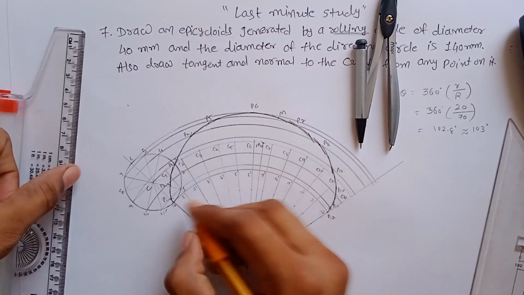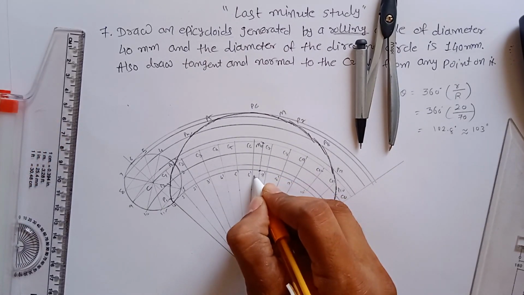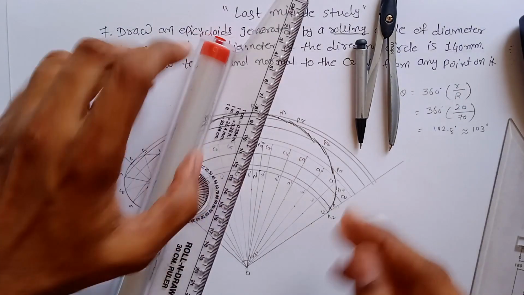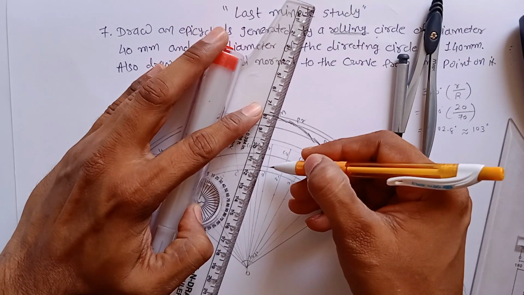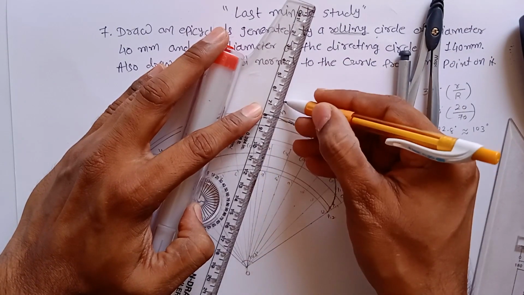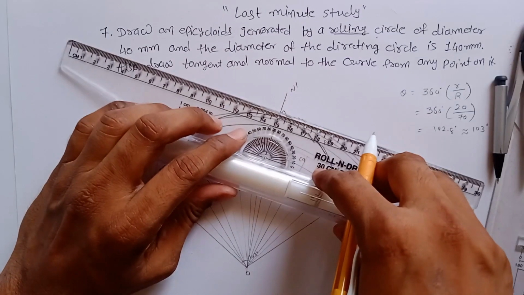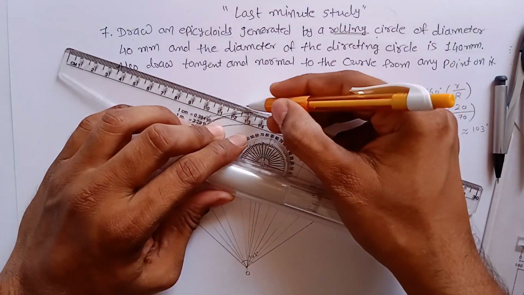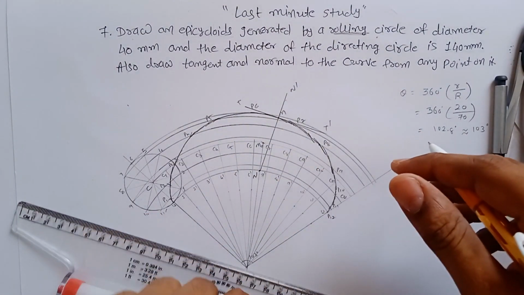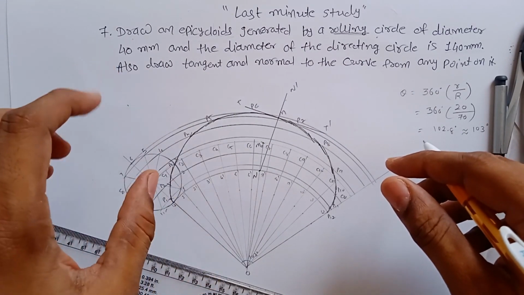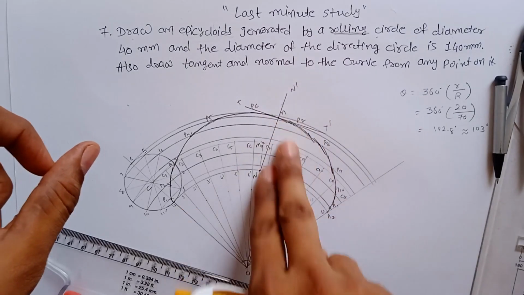Wherever it intersects the directing circle, this point is your N. Now join N with M, which is your normal, and perpendicular to this gives you the tangent of the curve, TT dash. So this is the epicycloid: a rolling circle rolling on the directing circle, with normal and tangent.